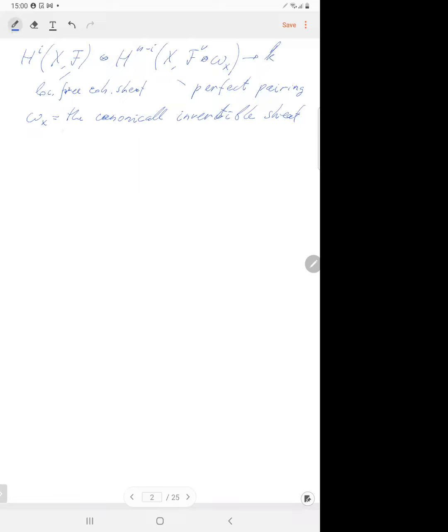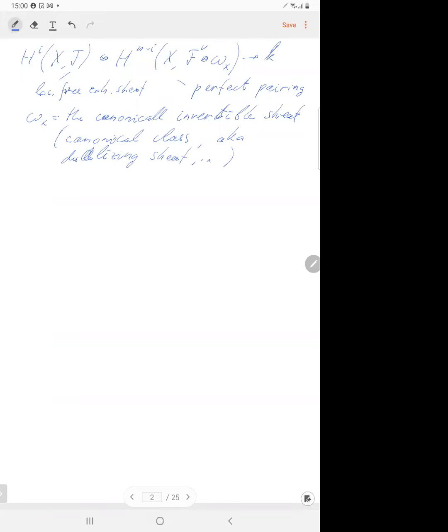I'm sorry, about terminology: is it the same as the so-called dualizing sheaf? Right, absolutely. So it's also called canonical class. Also, as Daniel said, dualizing sheaf. And maybe there are some other names.